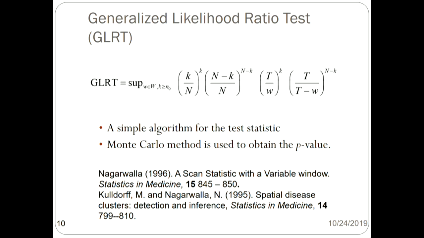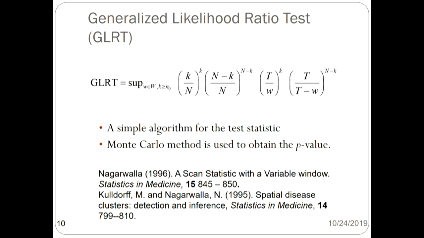If you look at this formula, it is very familiar. It is very similar to Kulldorff's spatial scan statistic. Actually, this is the early version of Kulldorff's spatial scan statistic. In his early 1995 papers, there are two articles in Statistics in Medicine. One is for the one-dimensional case, which is the formula here.